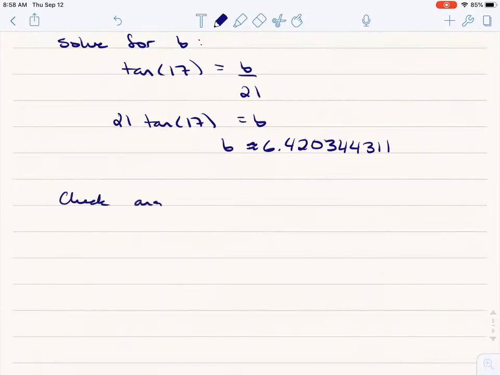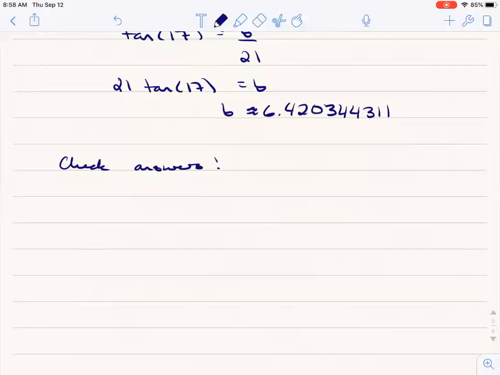Check the answers. Because we can, right? As soon as we can check our answers, then let's do it. In our case, b squared plus c squared equals a squared. The two sides squared, added up, have to equal the hypotenuse squared. I promise, for the next triangle we use, I'll have c on the hypotenuse.